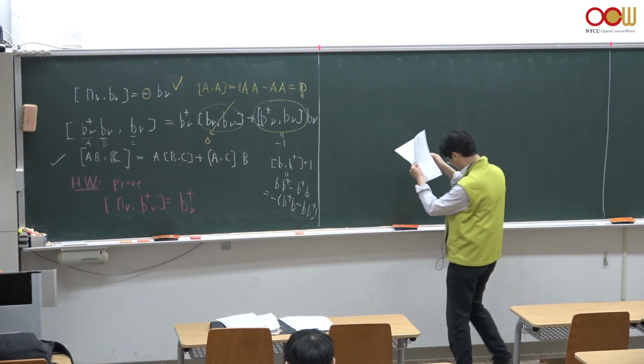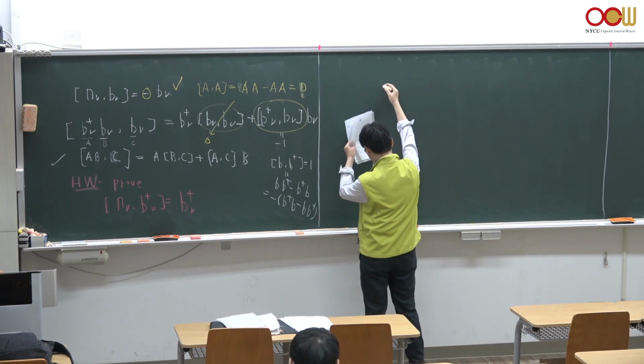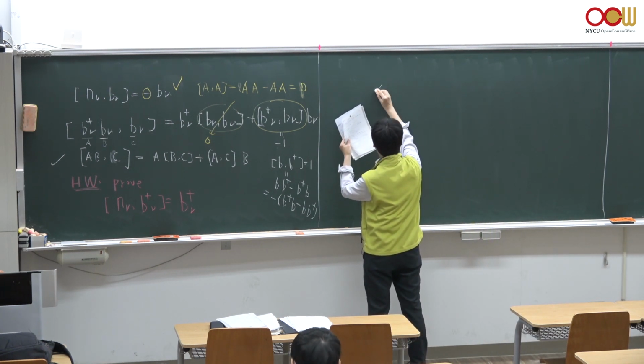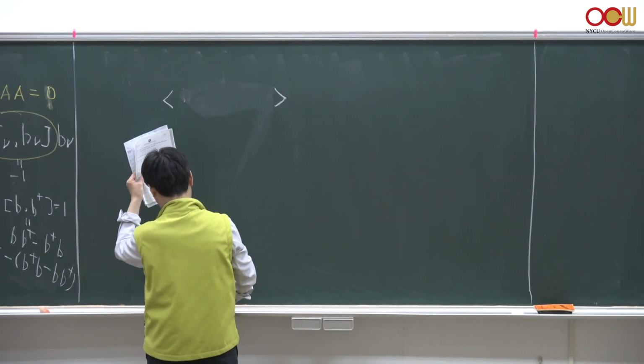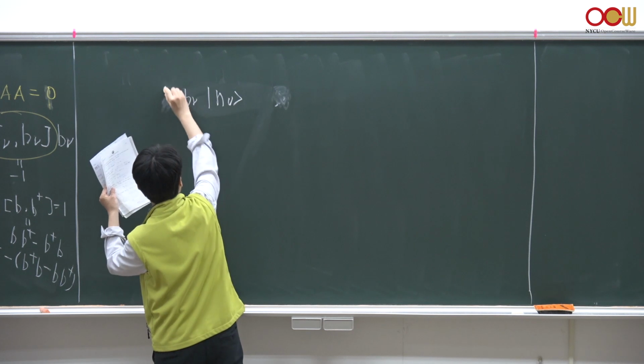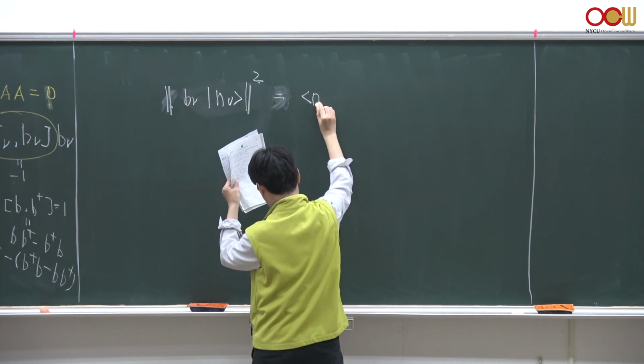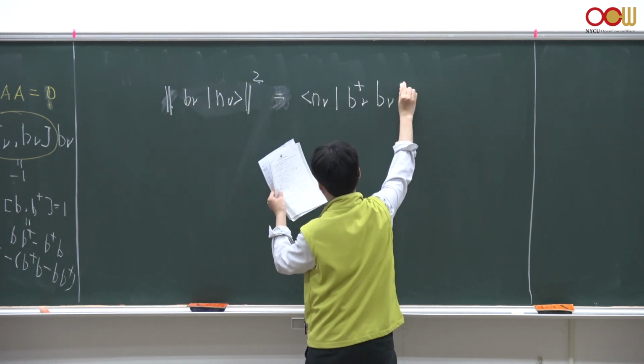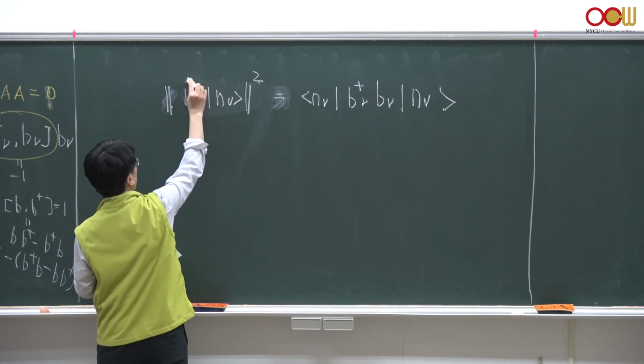So now let's do this non-trivial part. Suppose I evaluate this thing. This is B nu, N nu, and I just square this, which is N nu, B dagger nu, B nu, and N nu. Suppose this is the operation.